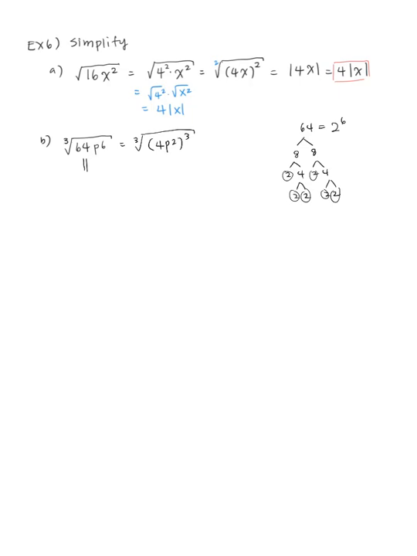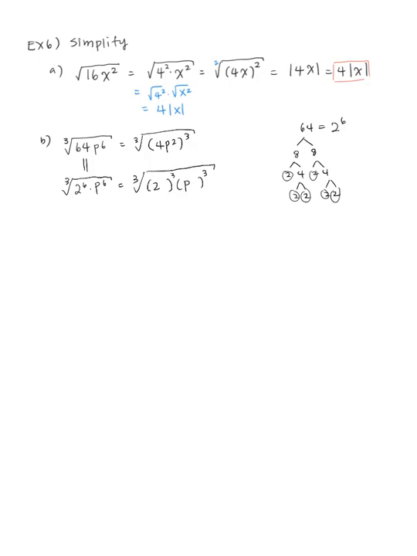Okay, so here what we got now is cube root of 2 to the 6 times p to the 6. Since you're given the cube root, our job is to try to rewrite this as cube root of 2 to the some power to the third, p to the some power to the third. That's our job.